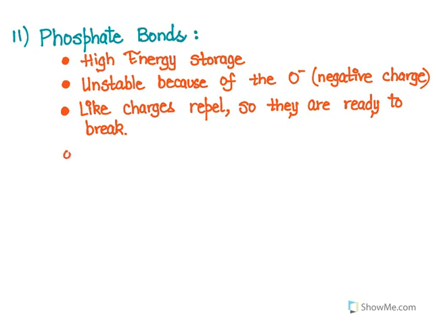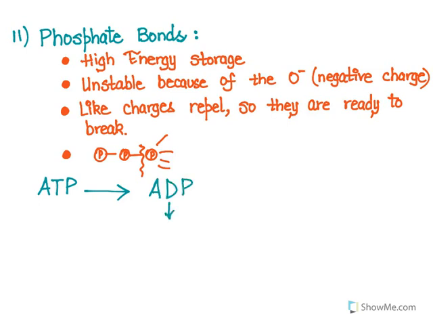So here you can see that we have three phosphate groups, and these two are just trying to make this phosphate group go away. They just don't want this phosphate group here. Basically, that is what is happening. As a result of this reaction, the ATP triphosphate is converted to ADP, which is diphosphate.